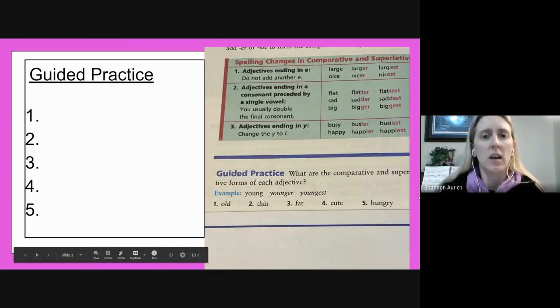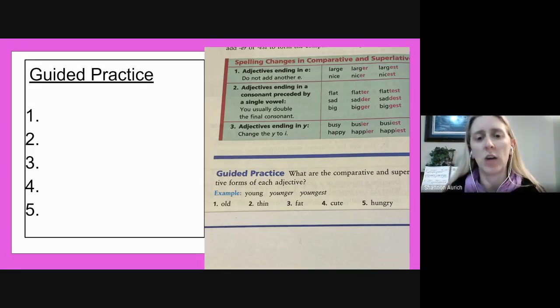All right. Time for a little guided practice at the bottom of page 222. Old. If we're going to compare two things, say you have an old basketball, so old changes to older if you're comparing two things.